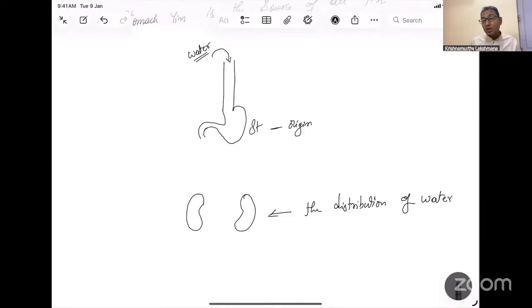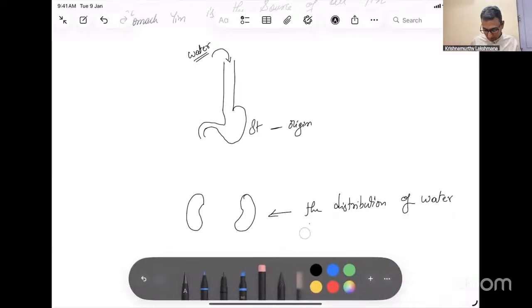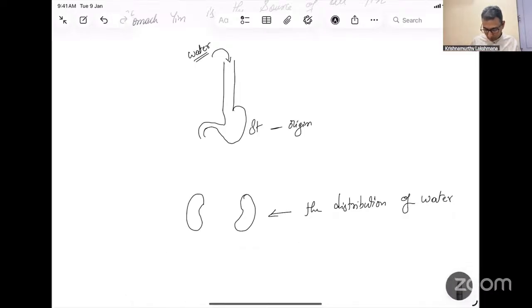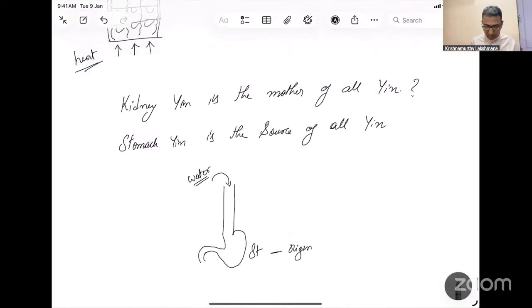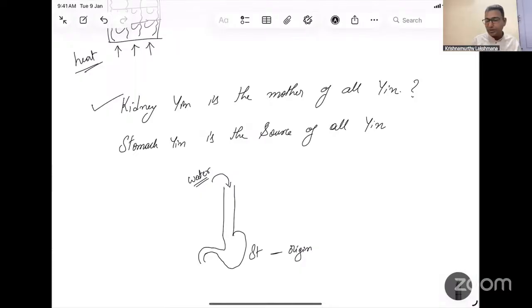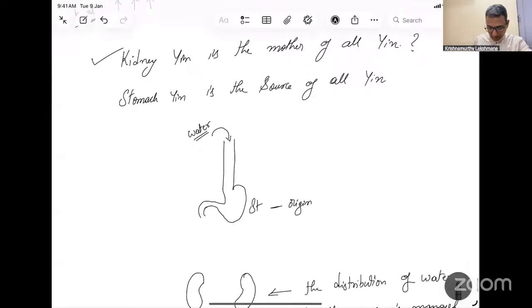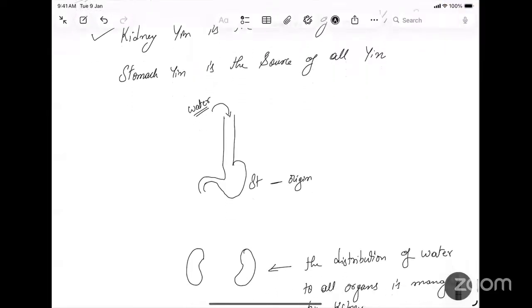The distribution of water to all organs is managed by the kidney. Hence, kidney yin is the mother of all the yin. Is it clear? Yes, sir.